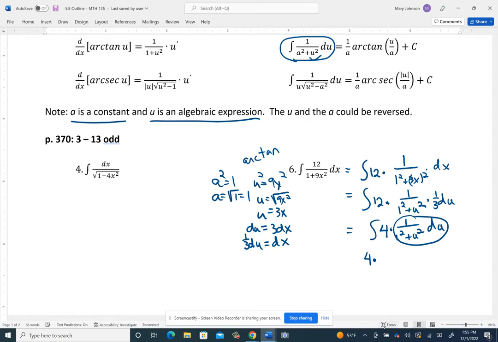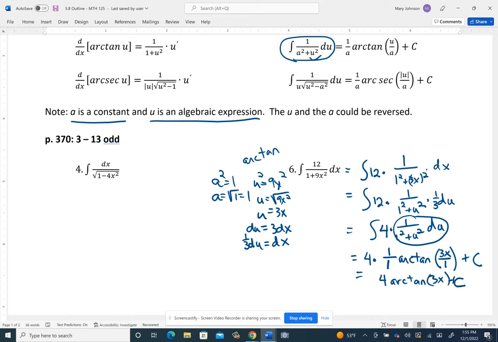Then I'm going to need 1 over a, and a happens to be 1. Then I'm going to have arctan of u over a. I'm going to plug the u back in, which is 3x. The a was 1, and then don't forget the plus c. And so I wind up with 4 arctan of 3x plus c.